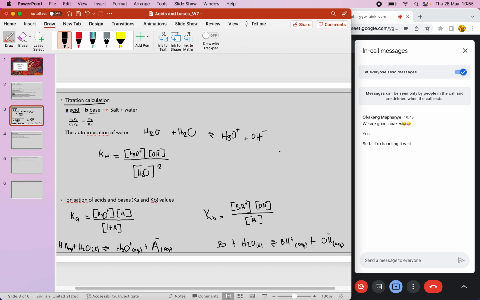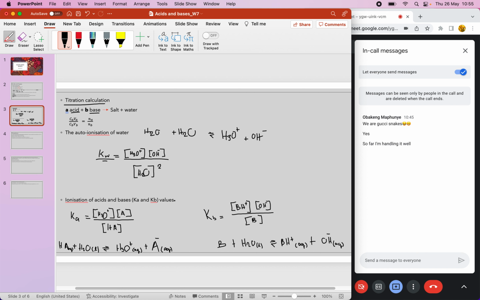From this, we know that you can write your Kw, which is the autoionization of water. This is the equation you can use for the ionization of water, which is Kw. And the same with the ionization of acids and bases: you have your Ka and your Kb.